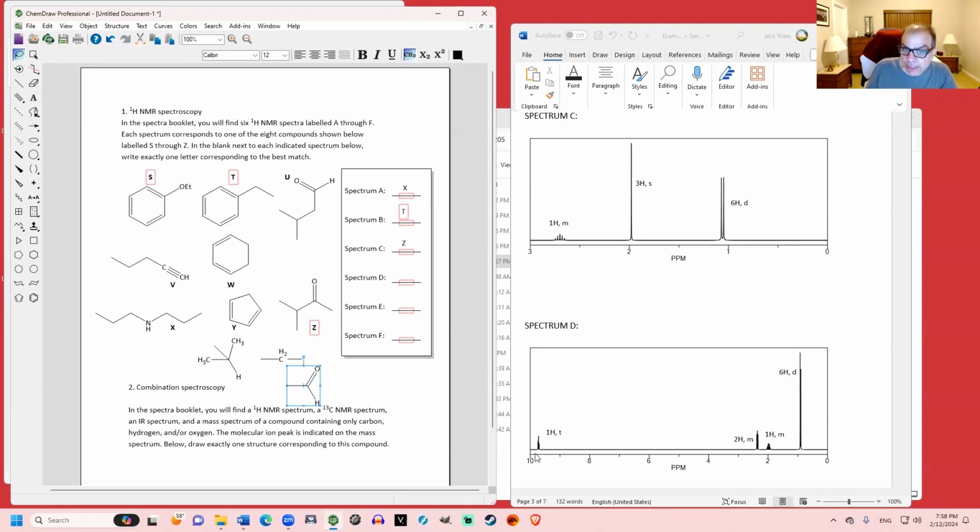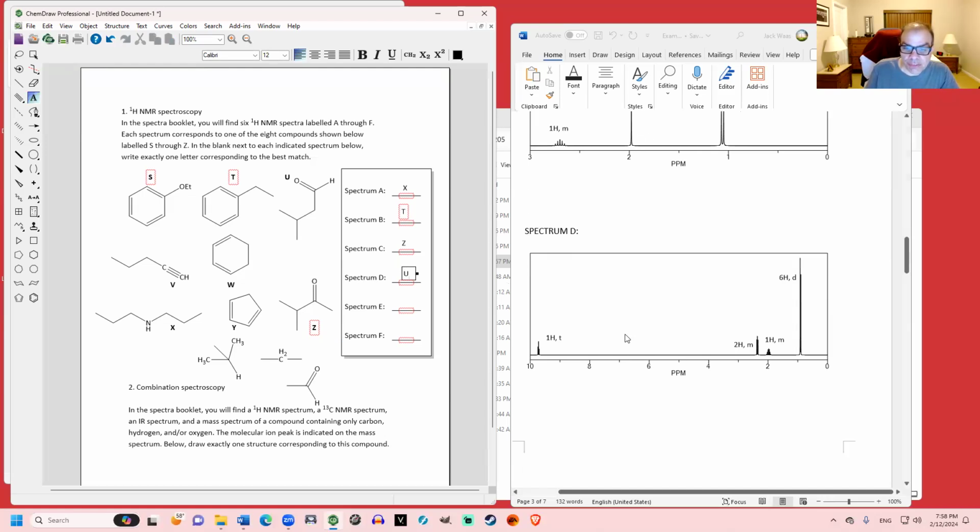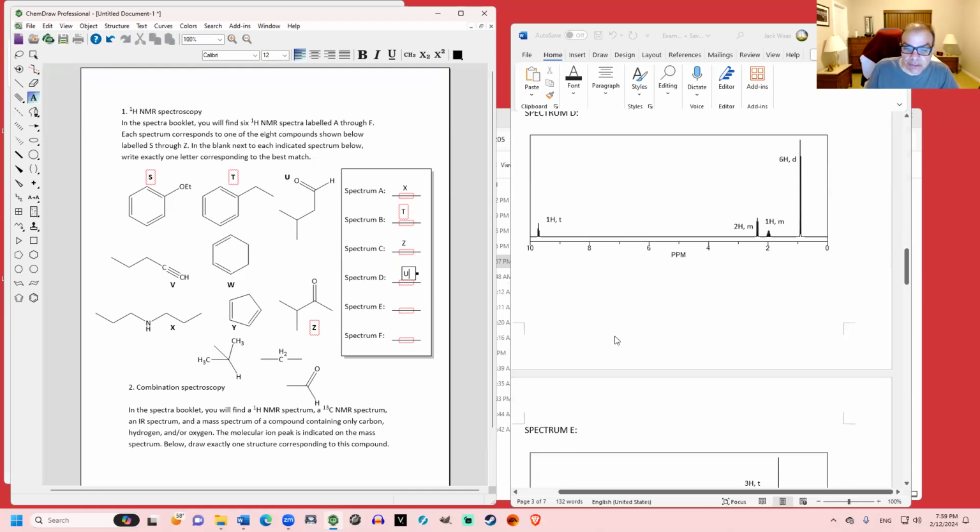It says 1H triplet. So there's only one way to connect all of those things. You've got the isopropyl group, then the CH2, then the aldehyde group. In other words, compound U. So the way you know this is by the chemical shifts. They give away a lot.